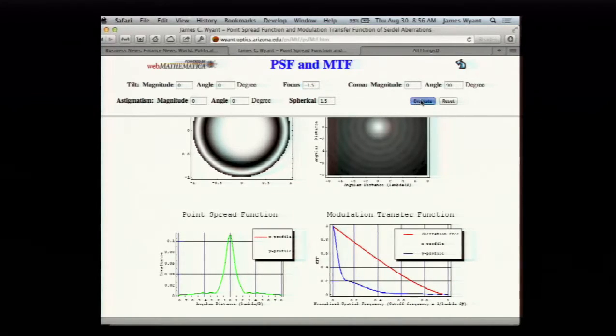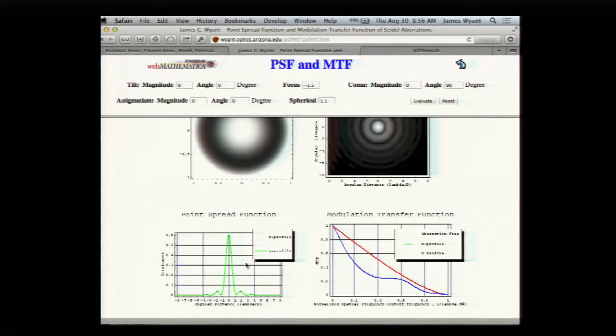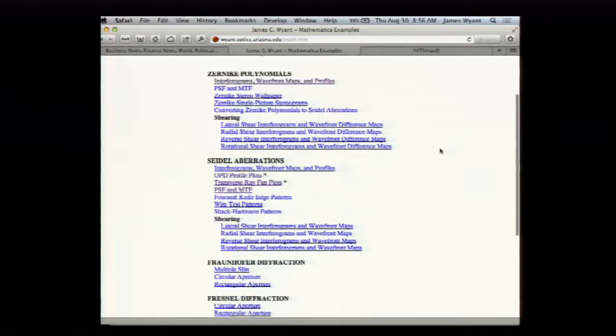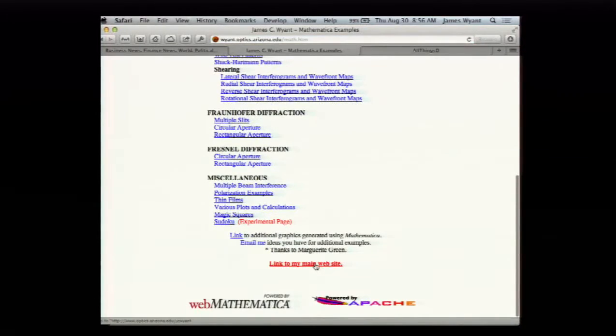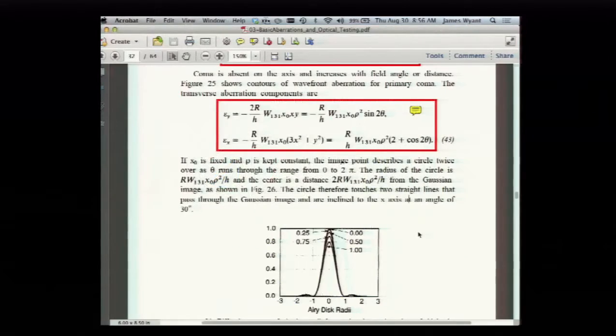So this is 1.5 spherical minus 1.5 defocus. It looks pretty good, and this is all the way up to 0.6 or so. So adding defocus to spherical, you can help things a lot. Anyway, you can go to my website if you like and play with this.